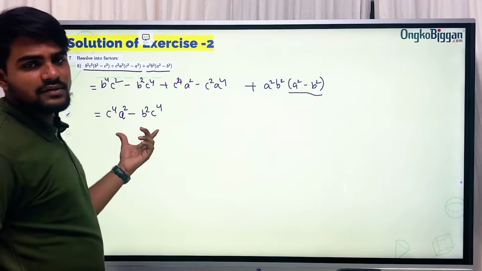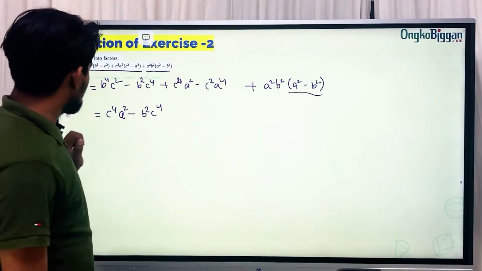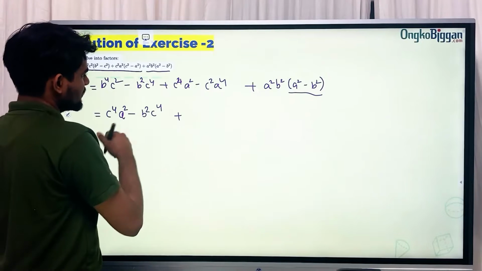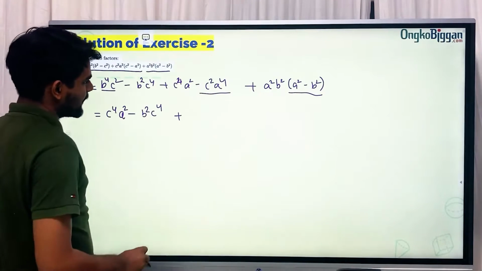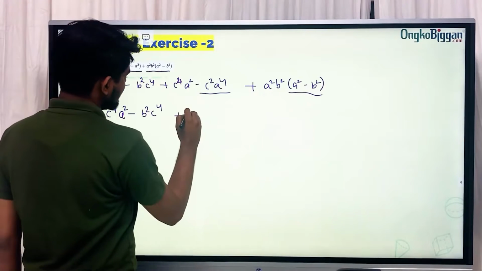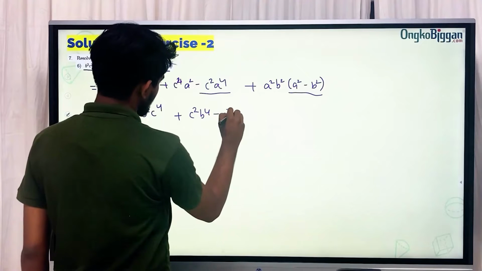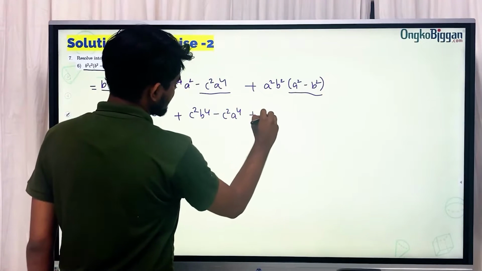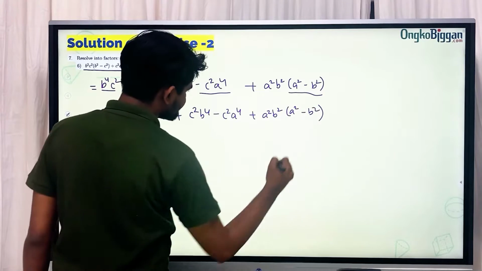If I take c to the power of 4 as common from here, we will get a square minus b square. And let us see, can we do the similar thing here? So b4 c square minus c square a4. So we take this also: c square b4 minus c square a4, plus a square b square into a square minus b square.